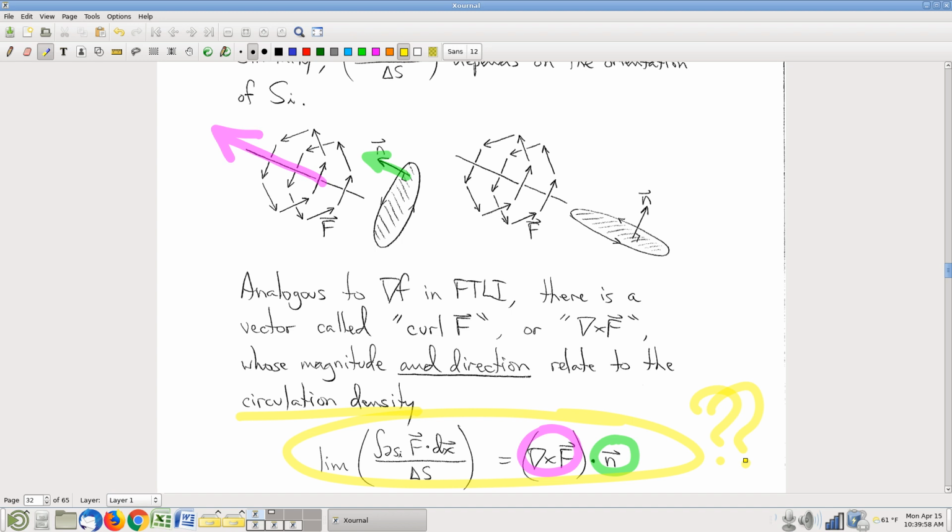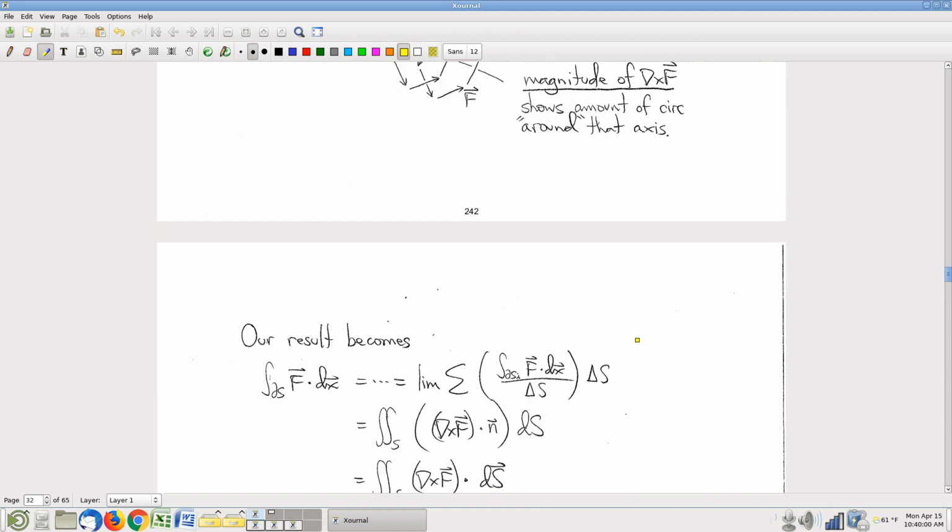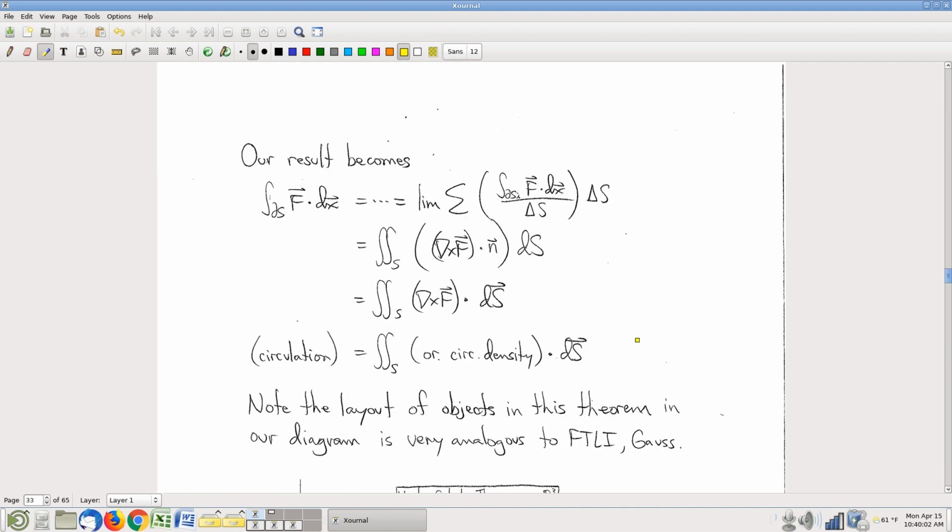Okay, so plugging that in. Here's that formula that we just wrote down. Circulation density is computed as a dot product of your oriented circulation density with your orientation, just like in the fundamental theorem of line integrals.